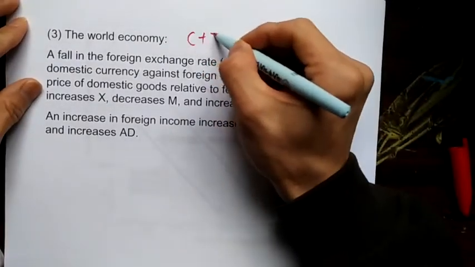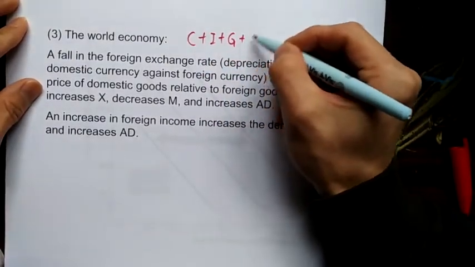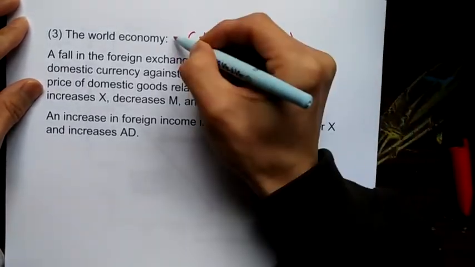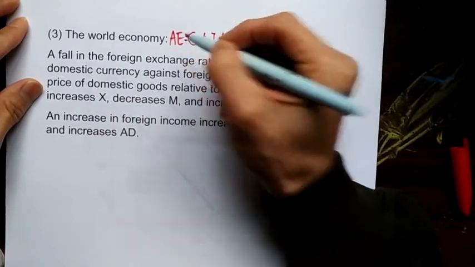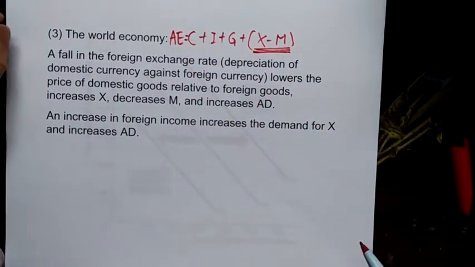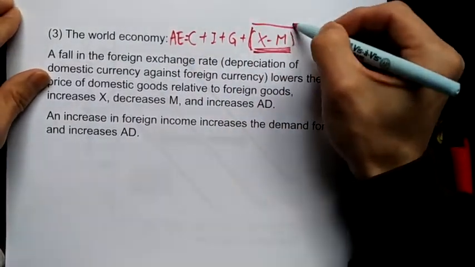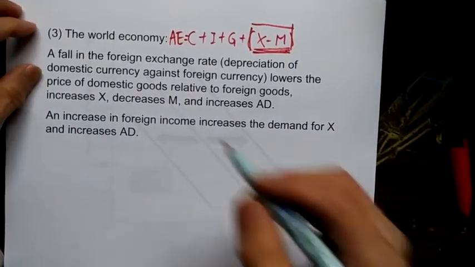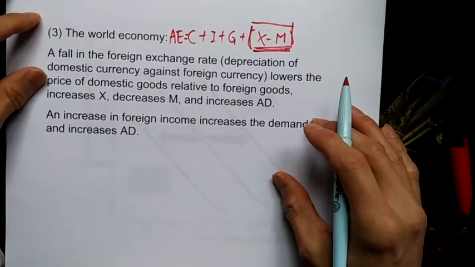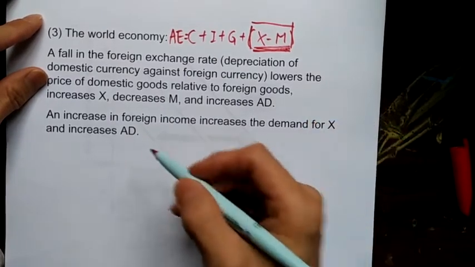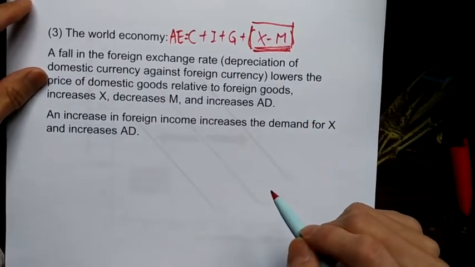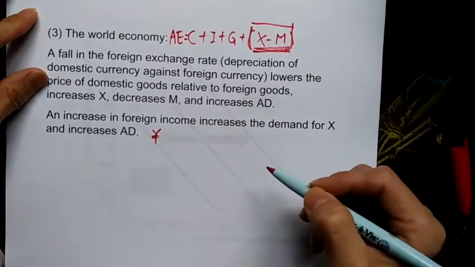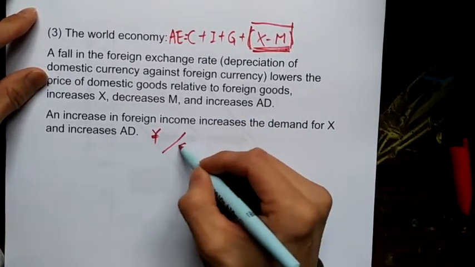Finally, CIG. Remember, the foreign sector also determines the aggregate expenditure function. So let's talk about the foreign sector. Okay, exchange rates. Say for example, the exchange rate between US dollar and Japanese yen is usually expressed as yen per dollar.